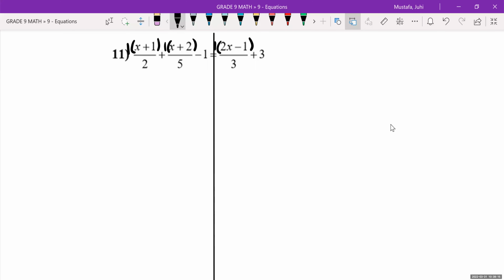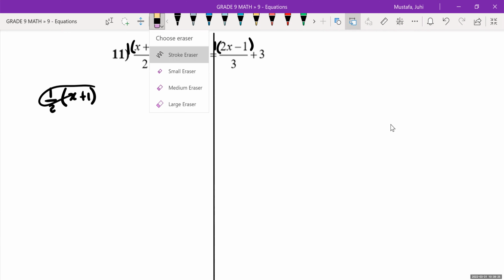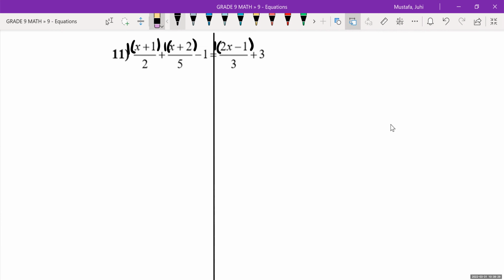So the first part is going to be a half bracket x plus 1. Then we're going to have 1 over 5 bracket x plus 2.